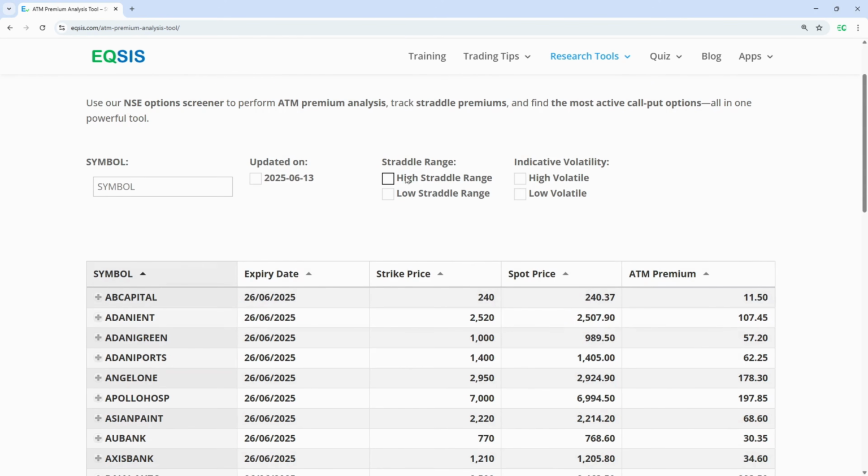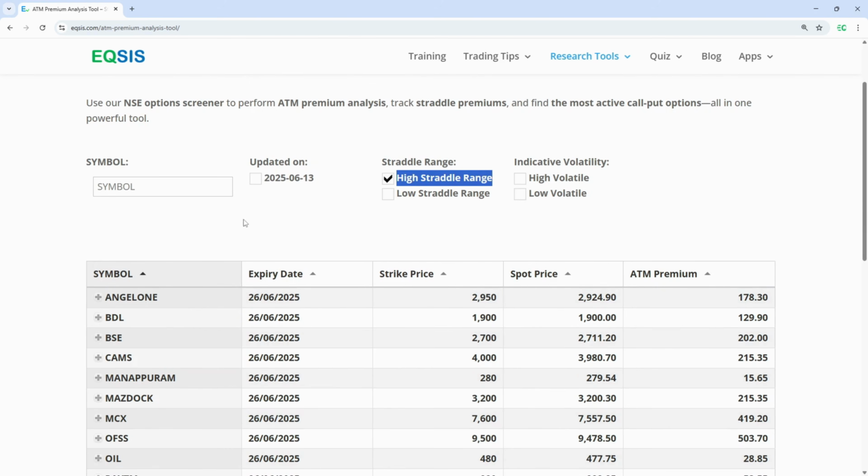So what do I mean by high straddle range? Let me explain it using the whiteboard here. If a stock is here, and this is a 100 rupee stock, and we have another 100 rupee stock, this is company A and this is company B. When it comes to a straddle, we buy a call option and we buy a put option.